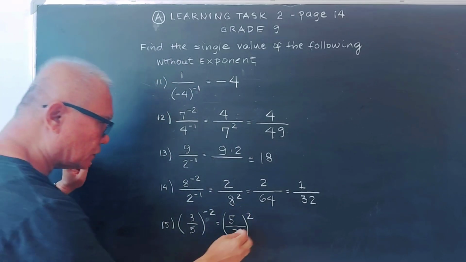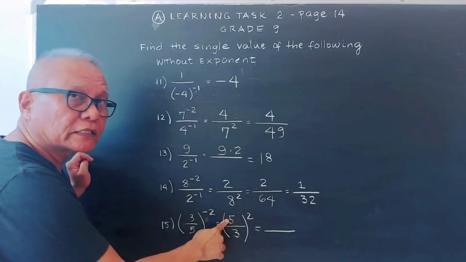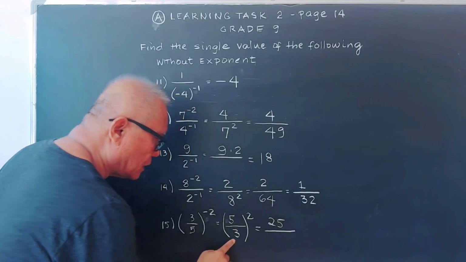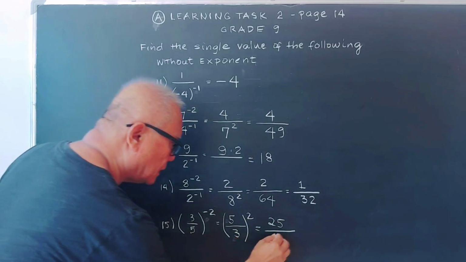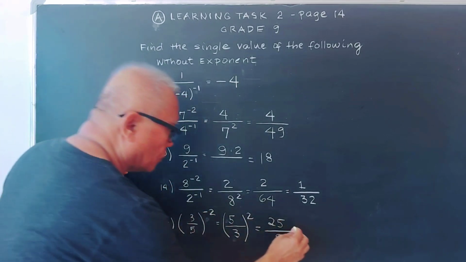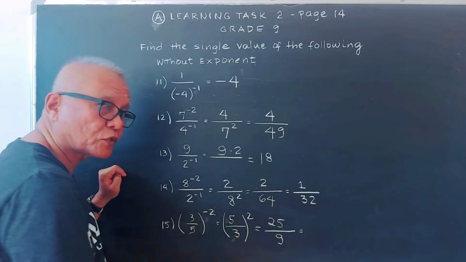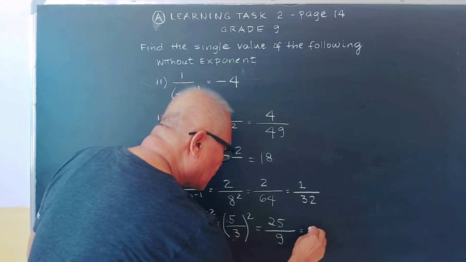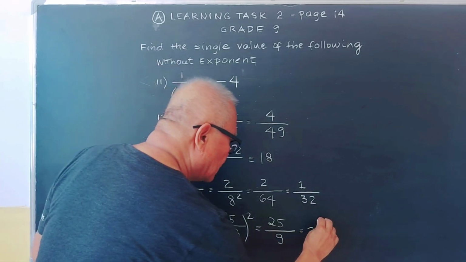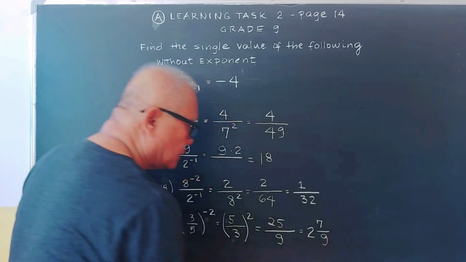Yun ang shortcut doon is equal to 5 times 5 is 25. 3 times 3 is 9. Okay. Mixed fraction. Ilang 9 makukuha sa 25? So, dalawa. 18. So, we have sobra ng 7 over 9.